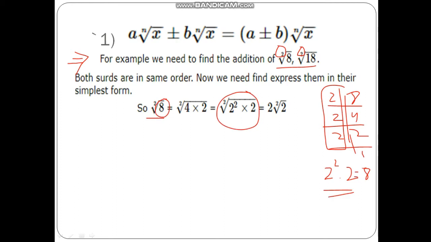So this 2 will come out, cancelled with the square, and the remaining will be inside. Or we can also write 2 square and 2. This will be cancelled out and just remaining will be 2 under root 2.